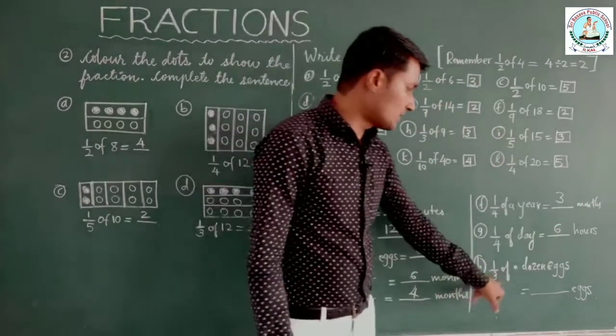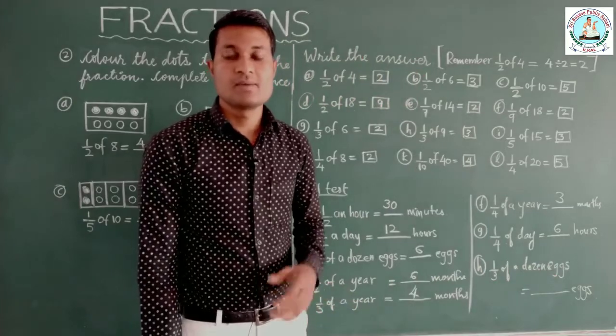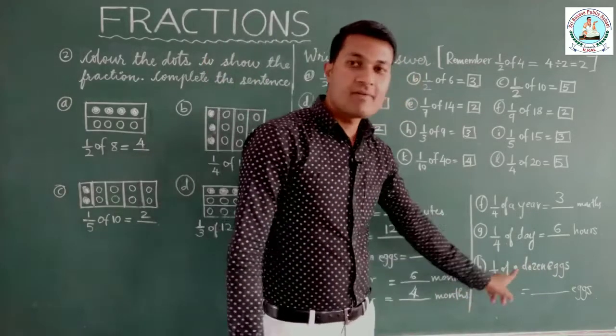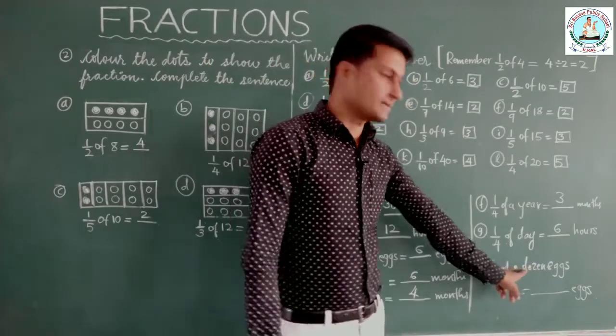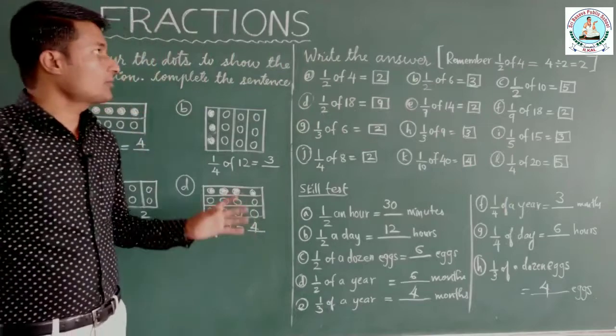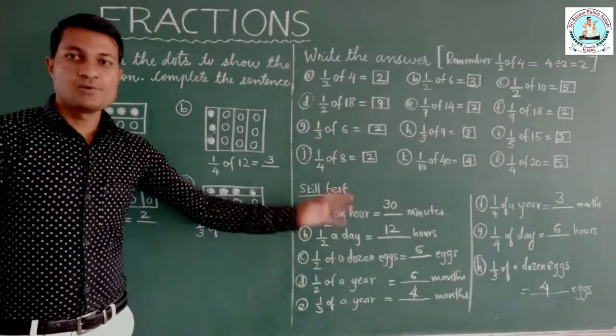Next, it is 1/3 of a dozen of eggs. As I said, 1 dozen eggs means how many eggs? 12 eggs. So 12 divided by 3, or 1/3 of 12 eggs, is how much? It is 4 eggs. So this is how you can find out the answers based on the clues given.